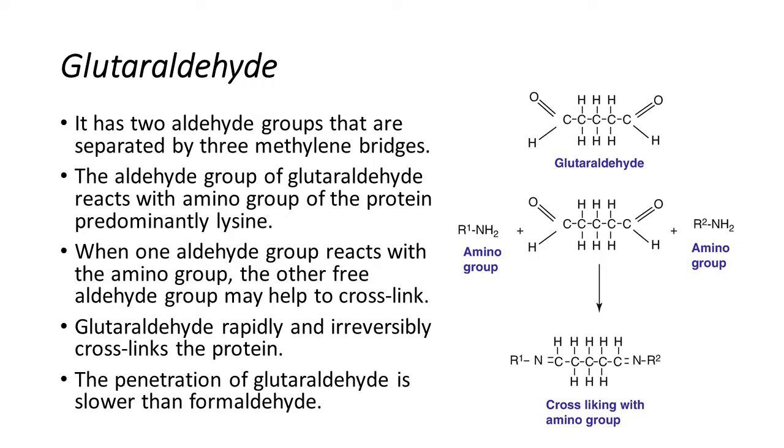When one aldehyde group reacts with the amino group, the other free aldehyde group may help to cross-link. Glutaraldehyde rapidly and irreversibly cross-links the protein. The penetration of glutaraldehyde is lower than formaldehyde.